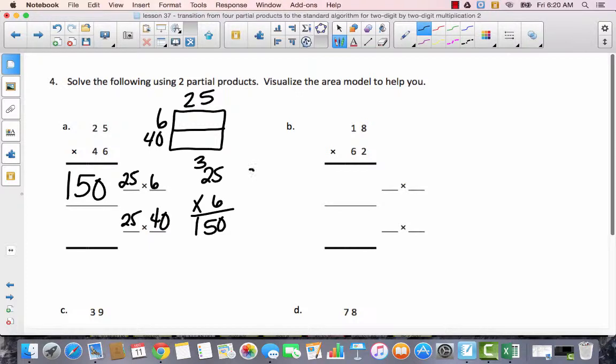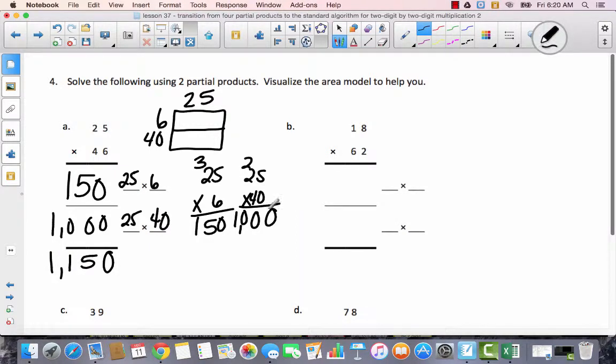Now I'm going to do 25 times 40, which is really 25 times 4, but I add a 0. So 5 times 4 is 20, 2 times 4 is 8, plus 2 is 10, so I have 1,000. You have to be careful that you line these up. So now I'm just going to add 0, 5, 1, and 1. So I have 1,150.